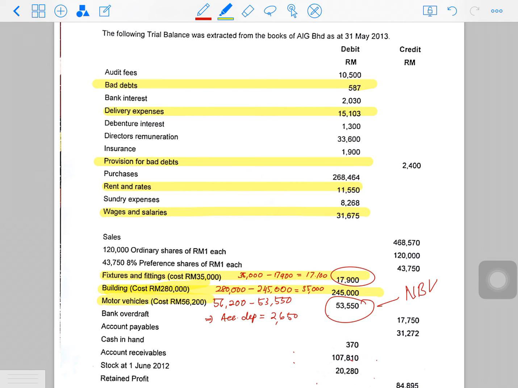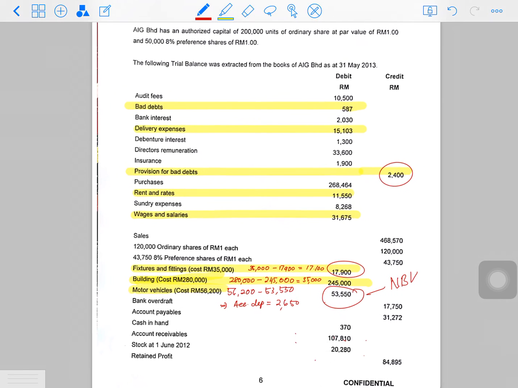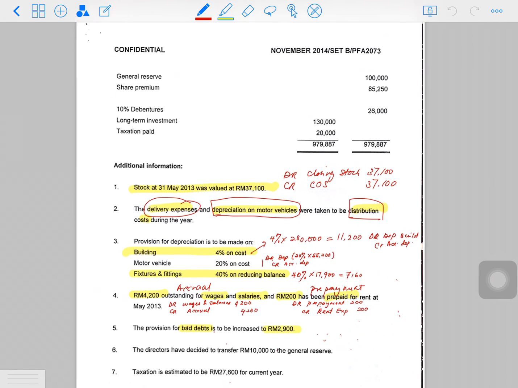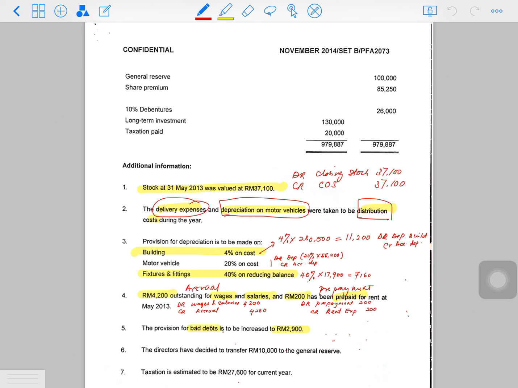So 2,400, this is what it is referring to. You need to increase to 2,900. That means you need to increase how much? 400, right?